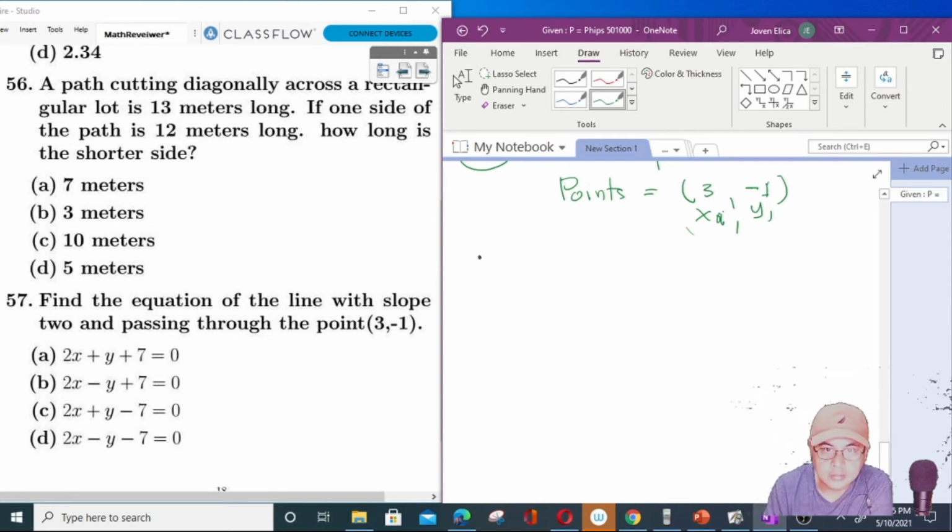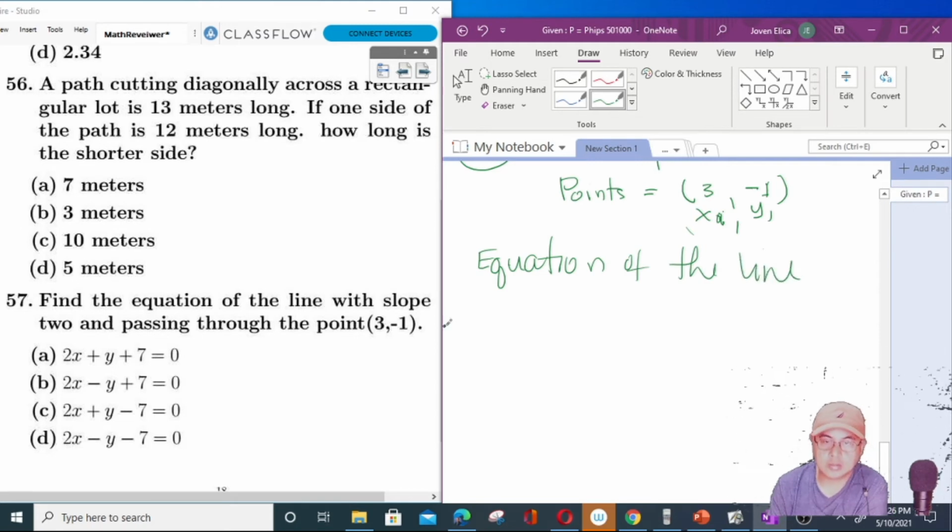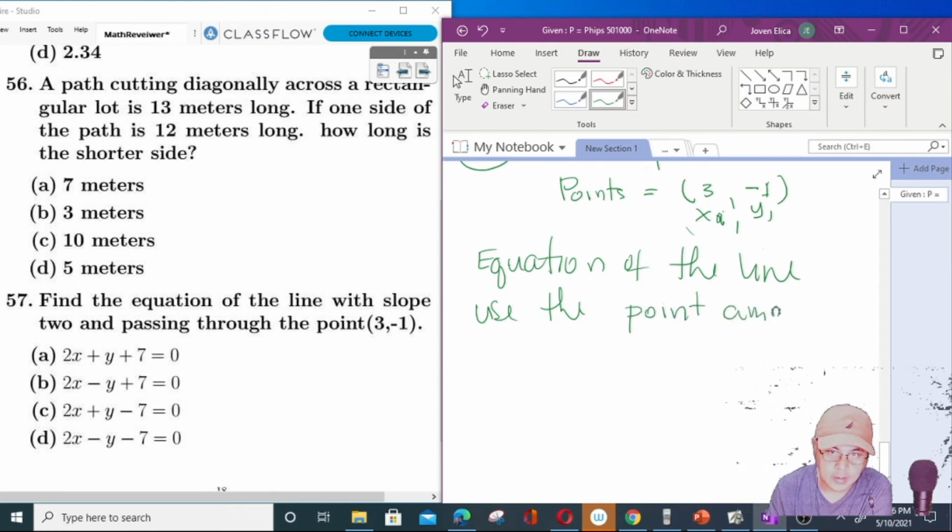We are asked to find the equation of the line. So since we have a given slope and point, we use the point-slope form.